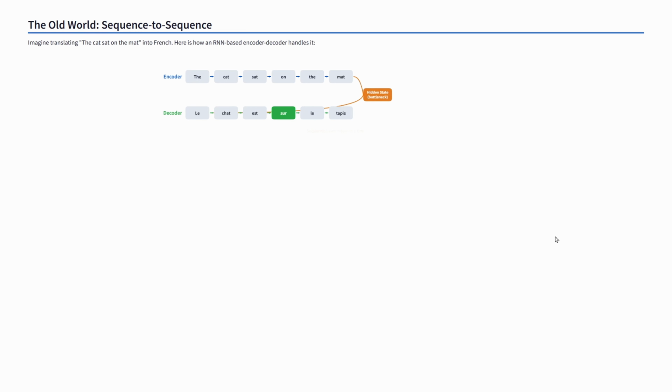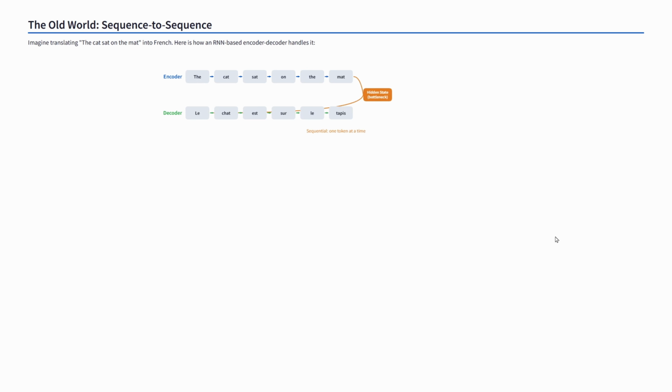On the left side, the encoder reads each English word one by one from left to right. After processing the last word, it compresses everything it has seen into a single fixed-size vector. That's the orange box in the middle. That's the hidden state. Think of it like cramming an entire paragraph onto one post-it note.